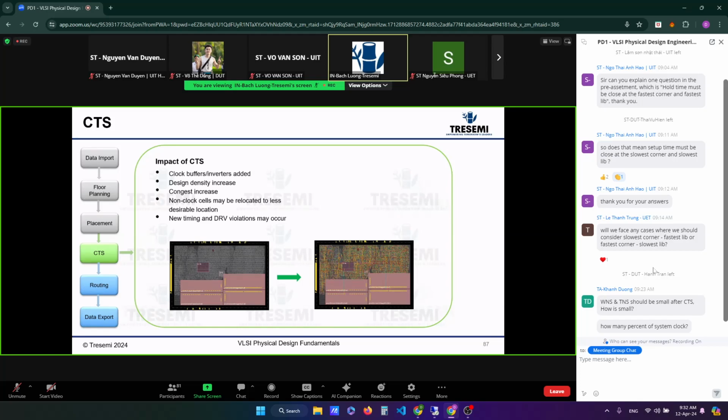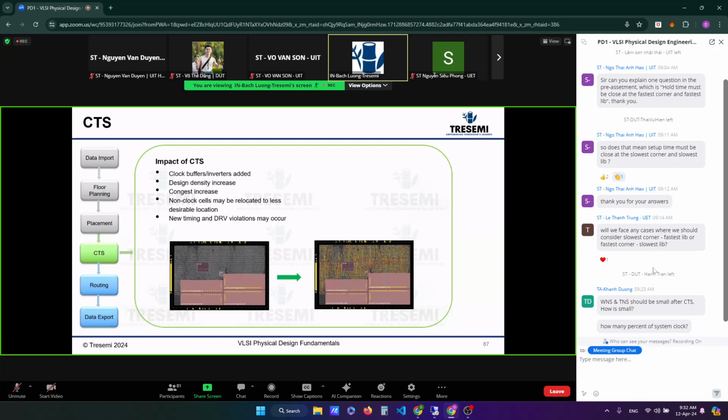Some of the non-clock cells may get relocated to another area, since priority is given to the clock cells. And there could be new timing and DRV violations also because of the clock trees that get added. Those are some of the things that could physically happen to your design.